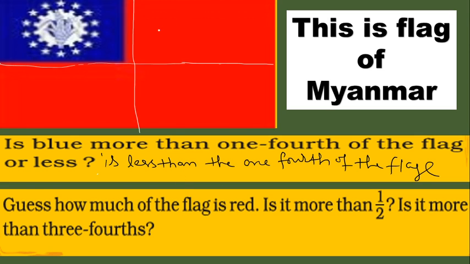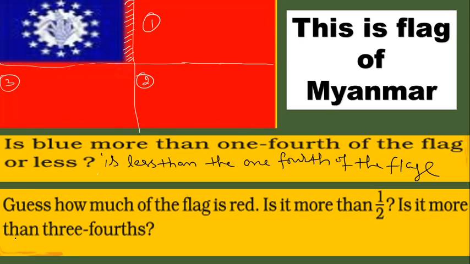Look here. 1, 2, 3. Clearly, the 3 parts and a few more parts of red from here. Clearly, it is seen that the 3 parts and a few more parts of the red are colored, so it is greater than the 3/4.